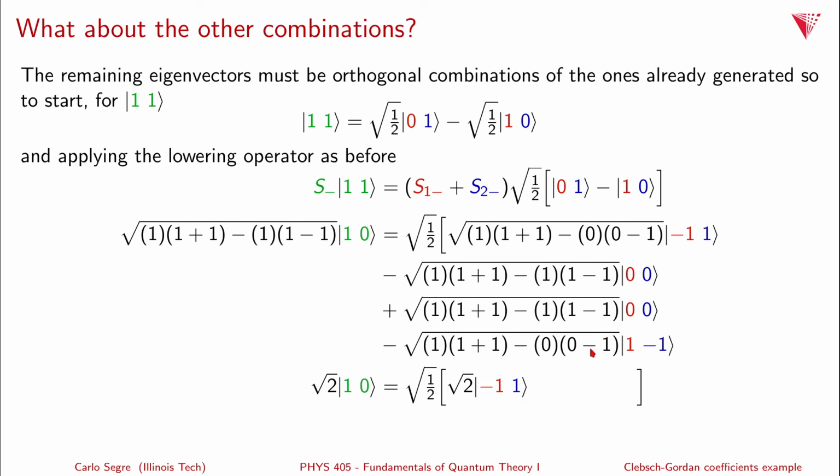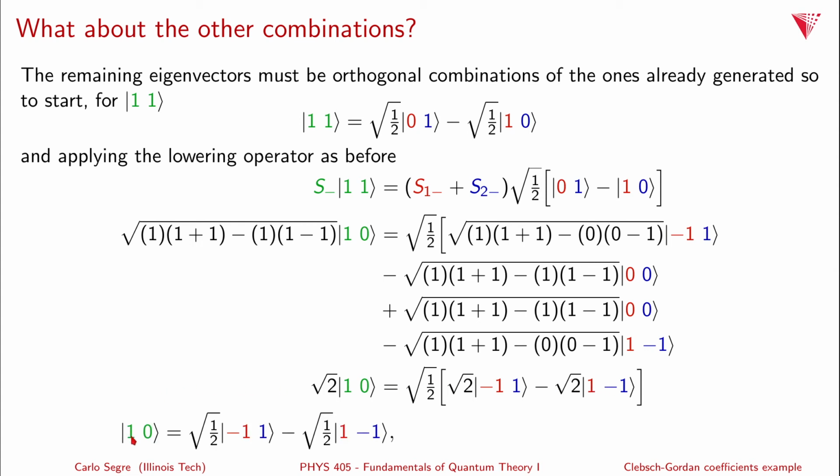And you're left with this one, which is square root of 2 with a minus sign times the state 1, minus 1. And so that is the state with s equals 1 and m equals 0. And you note that m1 plus m2 is equal to 0 in this case.